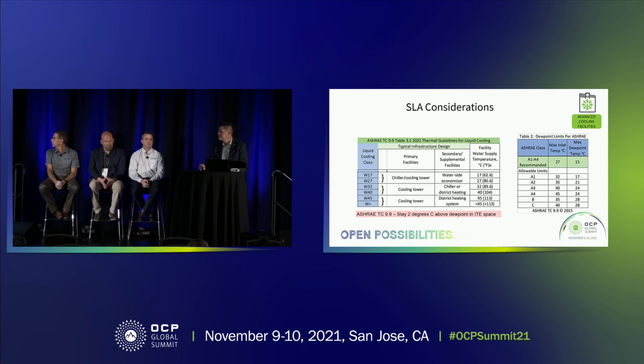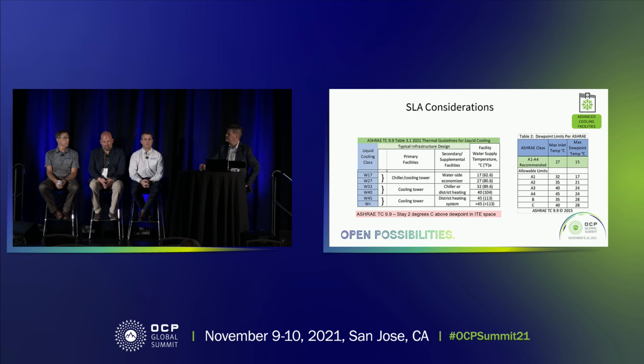That was done for 2 reasons. First and foremost, at least in my opinion, even those of us who were involved with writing the document could never remember what temperature was associated with each class. So this is kind of our cheat sheet, if you will. The other thing is, if you're familiar with V4 of the thermal guidelines, there were 5 temperature classes. There's now 6. It came from input from the industry, particularly the folks selling and building in EMEA.